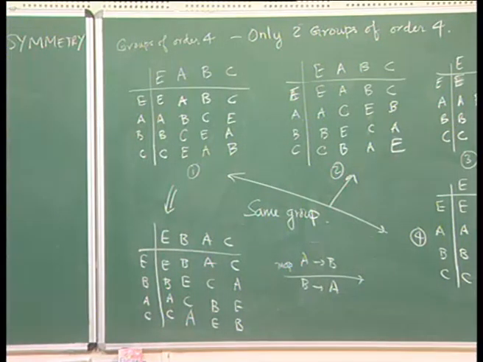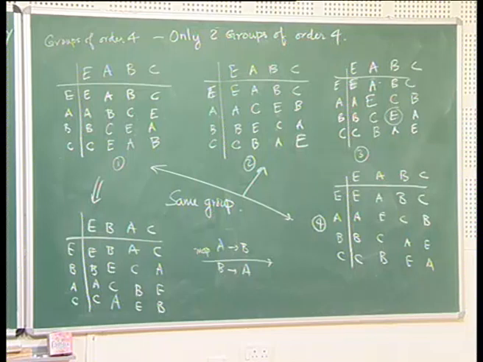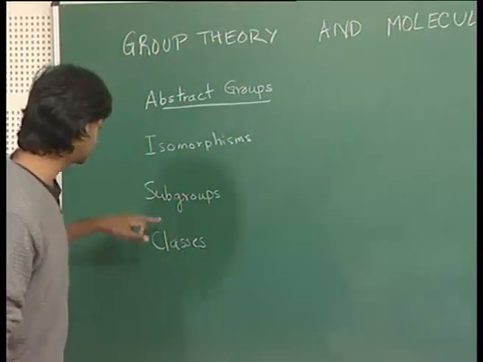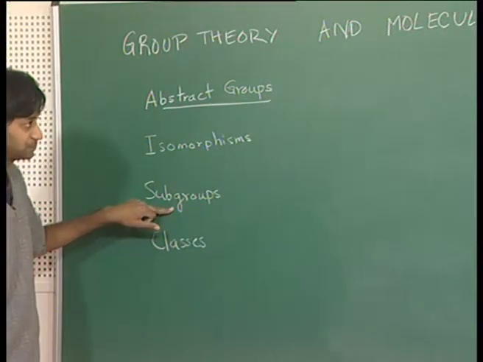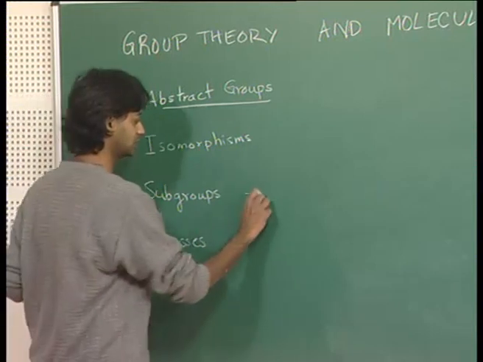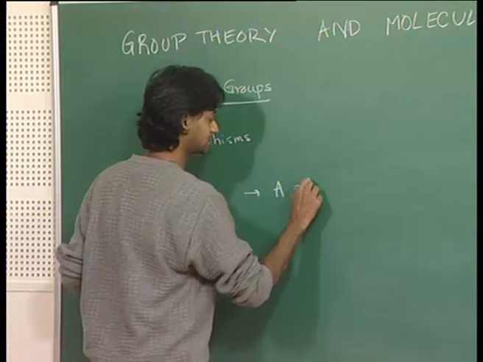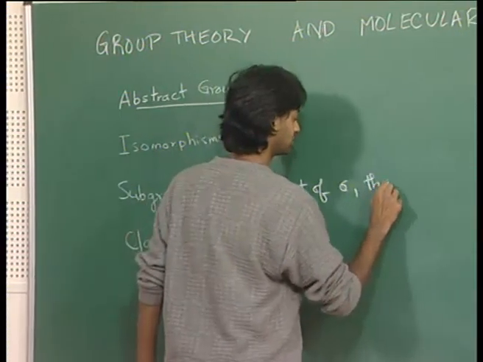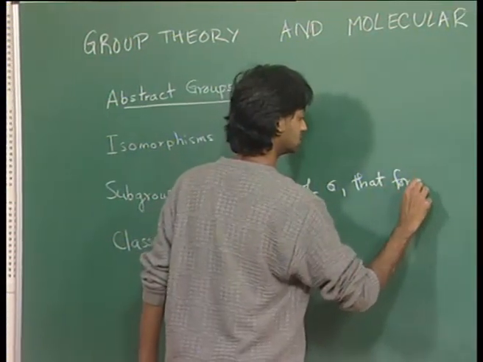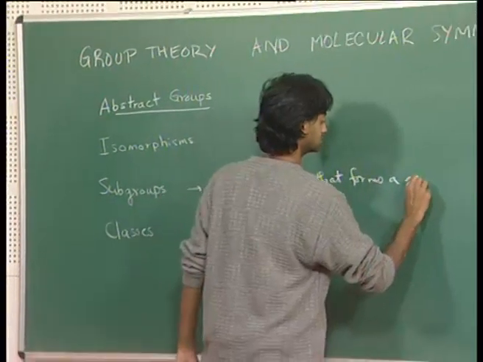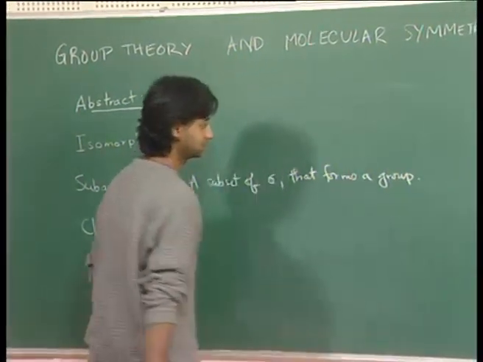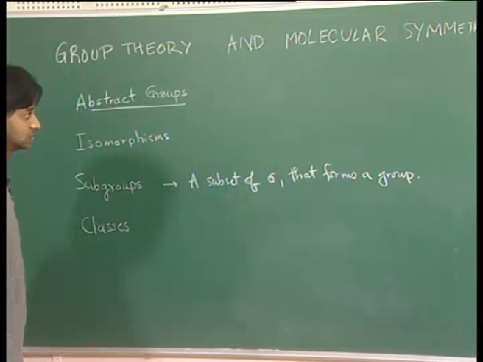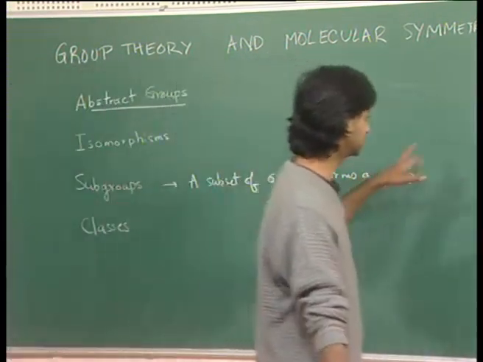So what we have seen is we have constructed all the small groups. Now there are two more concepts that we will discuss. I will discuss subgroups right now. A subgroup is a subset of G that forms a group. The simple example is right here.